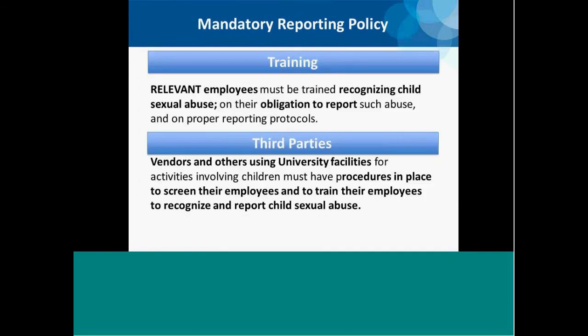Under the mandatory reporting policy, campuses must train relevant employees to identify sexual abuse crimes and must also train employees on their obligation to report such abuse. In addition, third-party vendors and others using university facilities for activities involving children must have procedures in place to screen their employees, to train their employees, and procedures for reporting child sexual abuse.